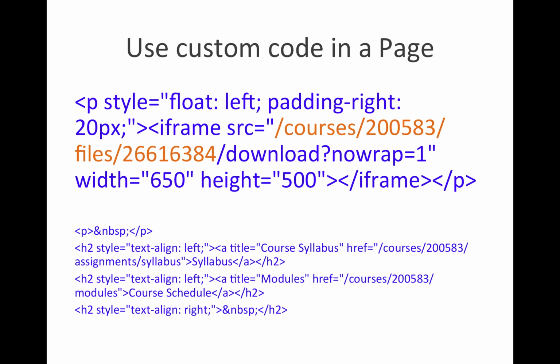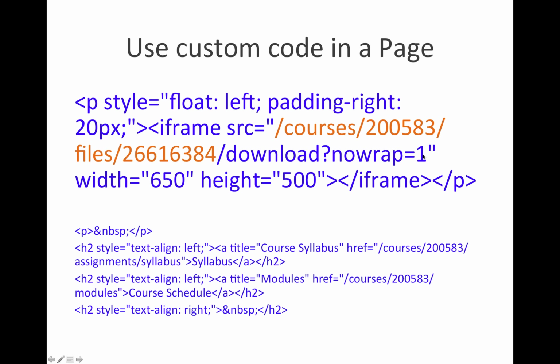So the last step is to use the custom code in the page. And as you'll remember from the beginning of the video, we have this iframe. So we're going to point the iframe to that HTML page, and then we're going to add some code in here: download no wrap equals 1.